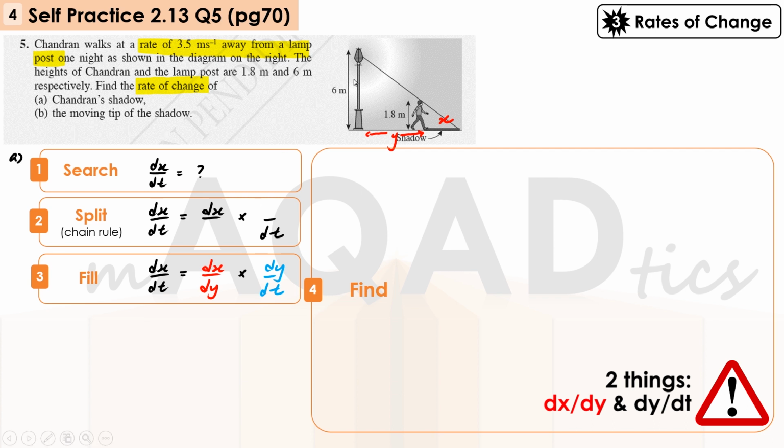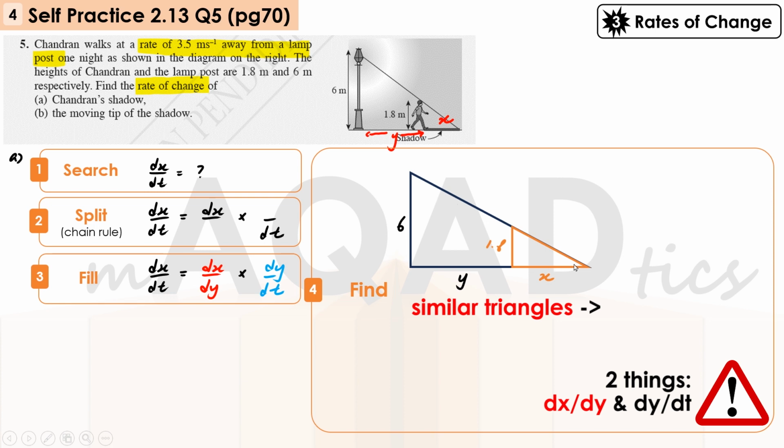Well, we can use this picture to help us, because you can see there's a big triangle, and if you look at Chandran, imagine Chandran is a line, there is also a triangle inside the big triangle. Something like this, and these are the measurements. If we have a triangle inside another big triangle, we can use the ratio method to help us form an equation.